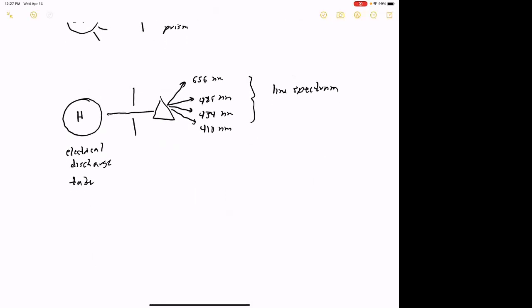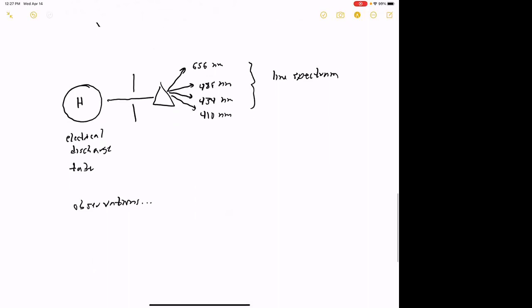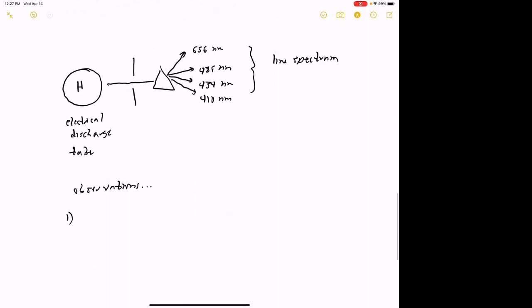Okay, so what are the observations that we make that we're going to base our model on? Well, first of all, obviously hydrogen atoms absorb energy from the electrical discharge.